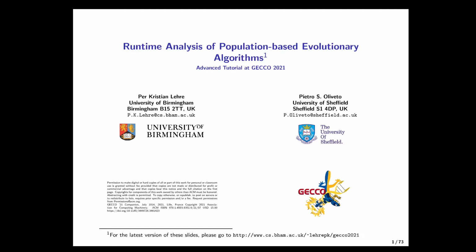So this is a more advanced tutorial where we're focusing on more complex population-based algorithms, which are commonly applied in practice. What we see in practice when we apply these methods is that often they depend quite strongly on their parameter settings.